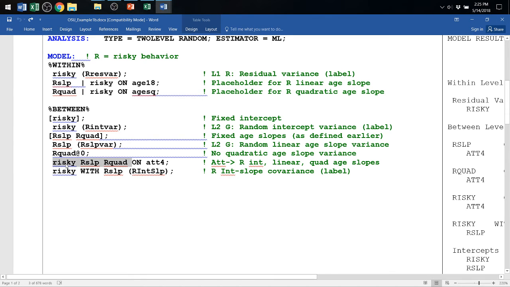So that's gamma 01, gamma 11, gamma 21. Variances then, we have risky intercept variance right here, risky slope variance right here, and a covariance right here. Questions on any of that?